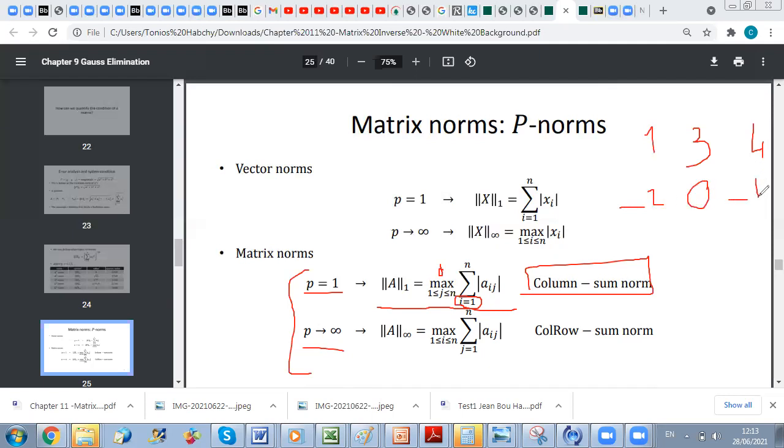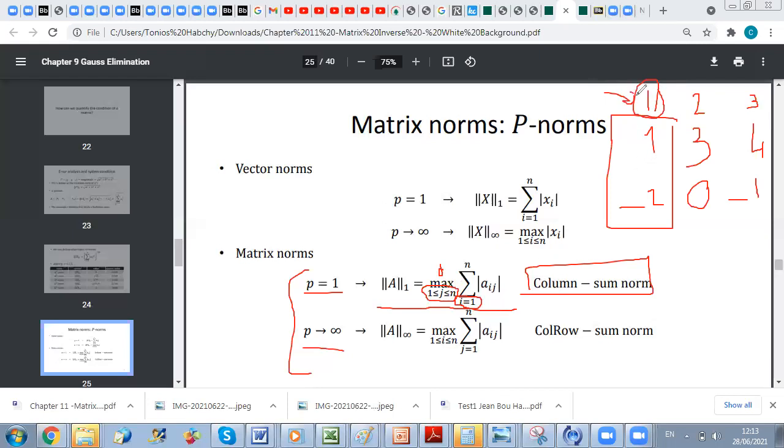First, if you want to do the norm based on the column sum, you will change from column to column. You start with column 1, then go to column 2, then go to column 3. This is why first you fix j. So the outside term is j varying between 1 and n. And for a certain j, now you sum the elements of the column.